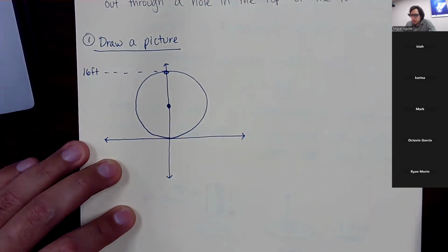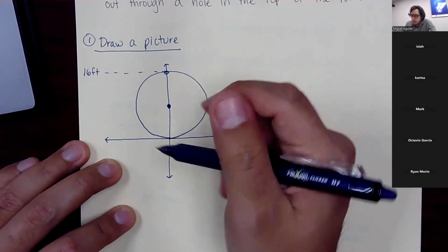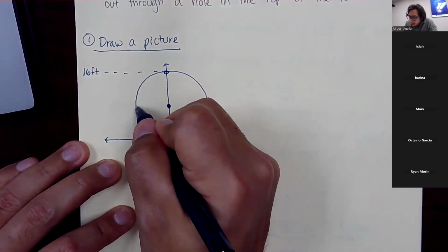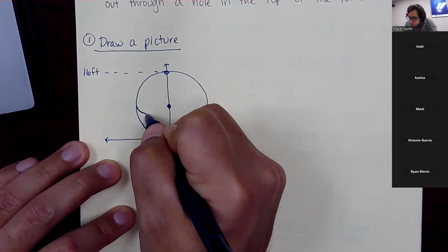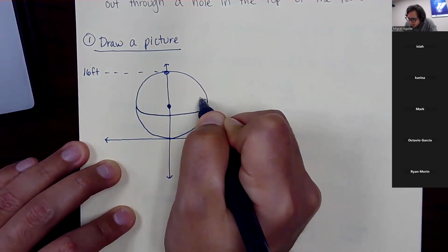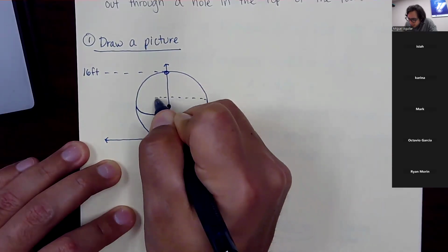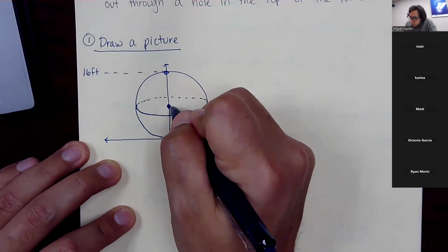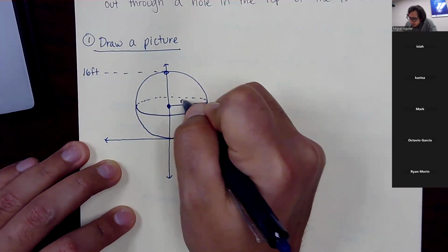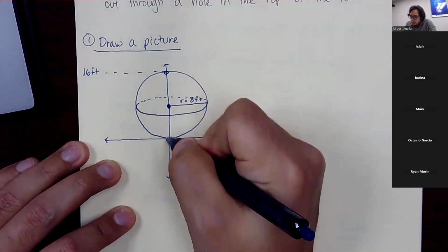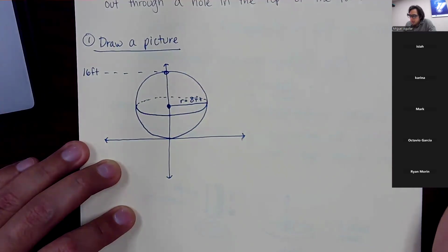Okay. Now, if you're not a fan of 3D images, I am sorry, but I'm going to draw this as a sphere now because it has some dimensionality to it. It has some depth, right? So we know that the radius here is 8 feet, and that's how we were able to figure out the height of the sphere.